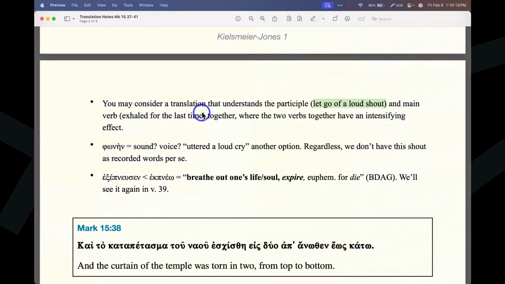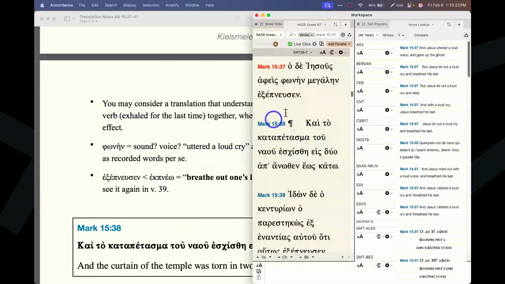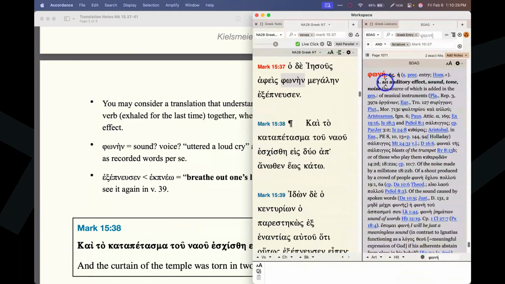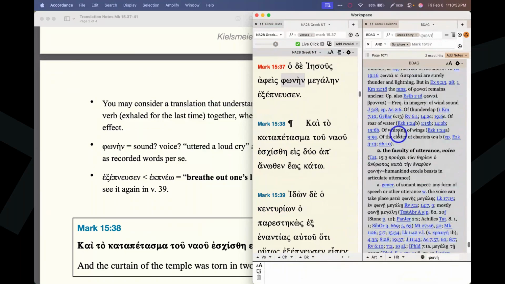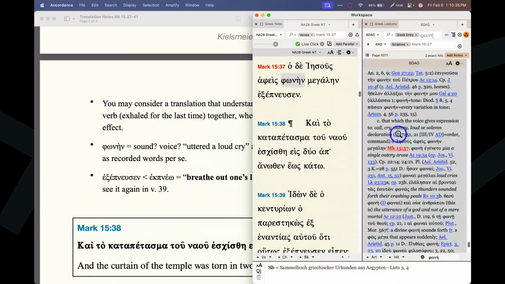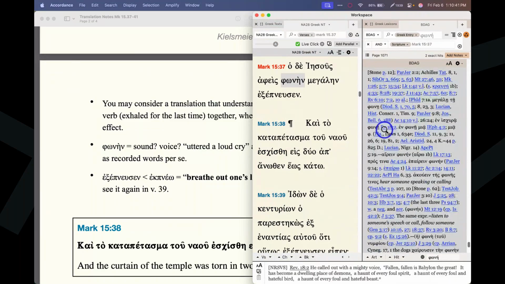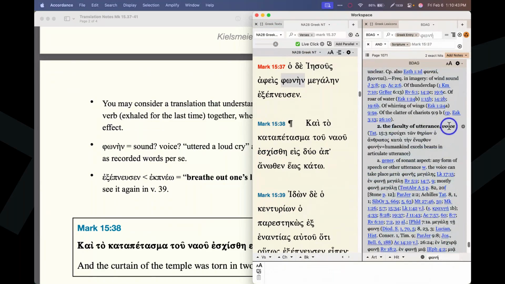Another decision is, how do we translate phōnēn? If I look at that word in a lexicon, and I'm just triple clicking to see it in BDAG, you've got a reference that appears here. So BDAG lists it under to call, cry, outcry, loud or solemn declaration, and so this is under voice.